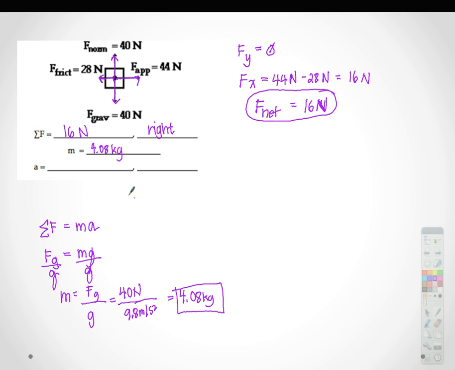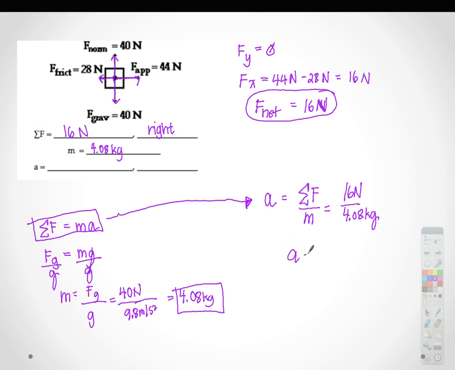Alright, now we can calculate the acceleration. Based on Newton's second law, if you rearrange that equation, acceleration is equivalent to the net force over m. We know the net force, 16 newtons, divided by the mass that we just calculated.